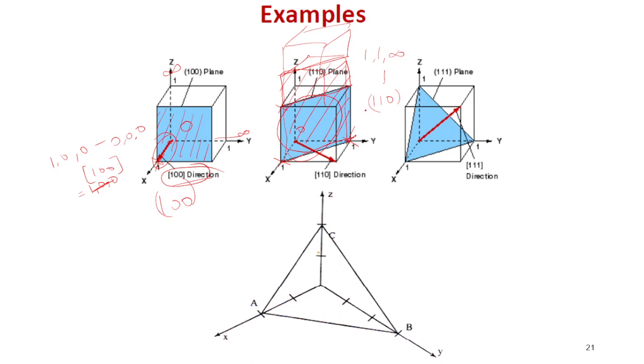So we have the 110 plane, and the 110 direction will be in this direction, because x is 1 unit, then y is 1 unit, and z has no units, so it stops here. So 1, 1, 0 minus 0, 0, 0, which is the origin, gives the 1, 1, 0 direction.